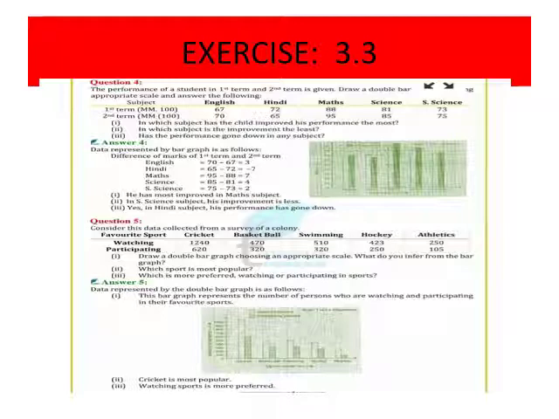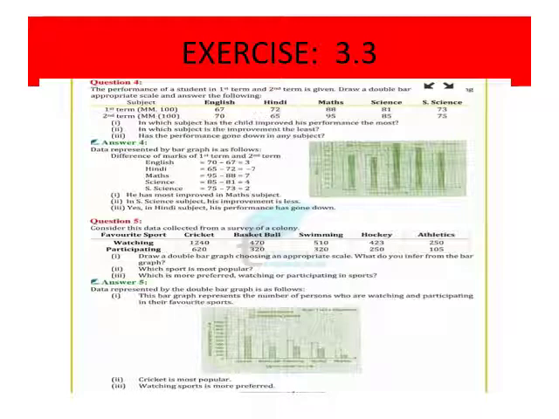So children, our first question is, in which subject has the child improved his performance the most? You can see that he has improved in mathematics the most. He has most improved in mathematics subject. The difference between second term and the first term is 7.